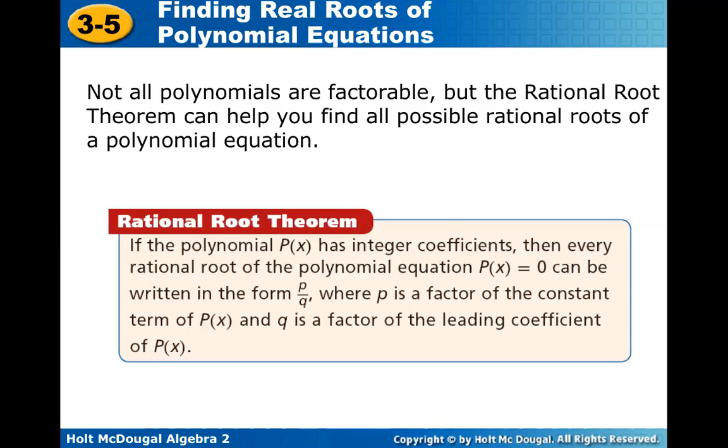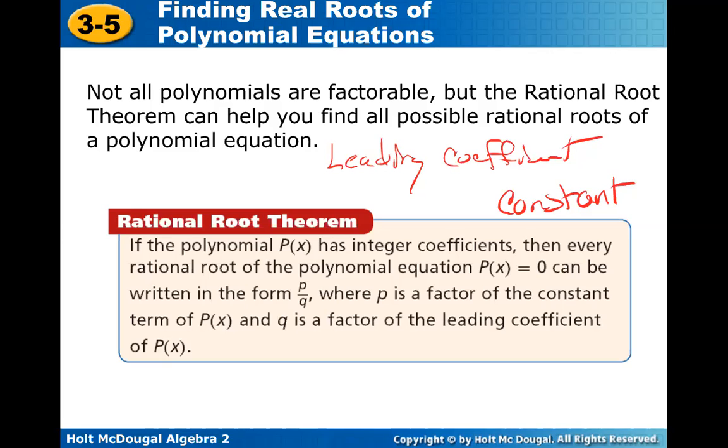So basically, if we're looking for the possible rational roots or possible rational zeros of a polynomial function, it's based off of two things: the leading coefficient and the constant.